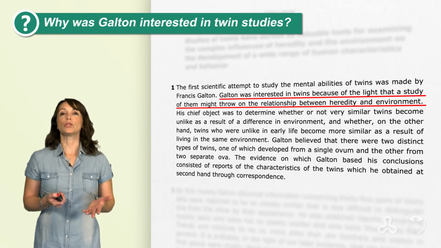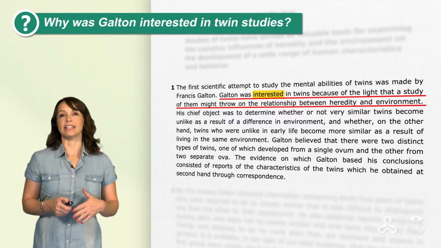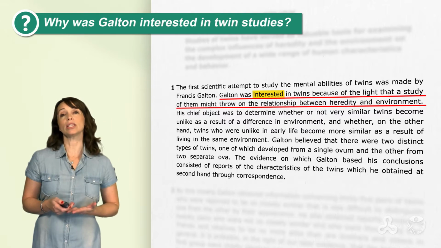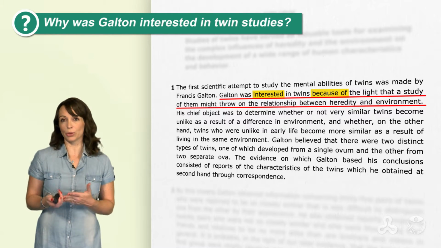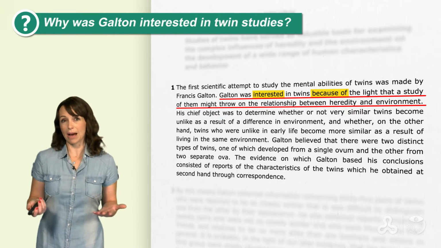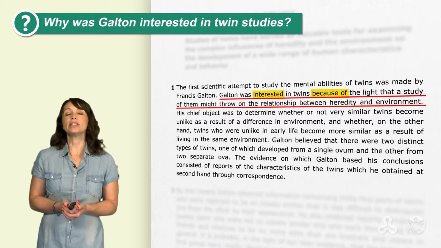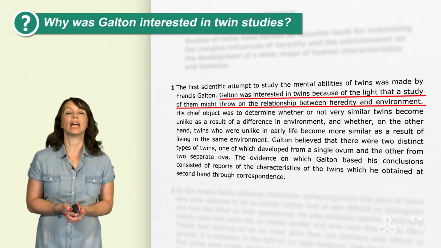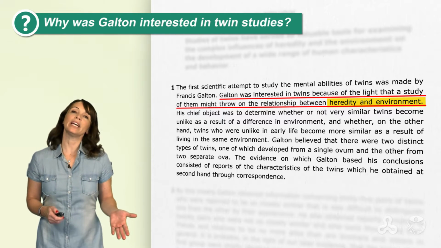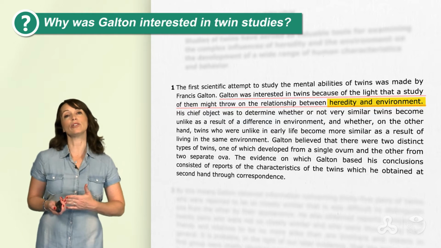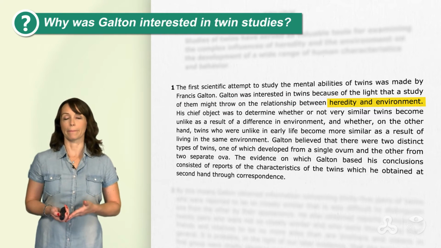So I'm sure that you noticed the word interested in the text. So it says here, Galton was interested in twins because of, בגלל. So here we're getting the reason, הסיבה למה הוא התעניין במחקר הזה. And of course, he's interested in this because he can understand better the relationship between heredity and the environment. כן, הוא יכול להבין טוב יותר את הקשר בין תורשה לסביבה.